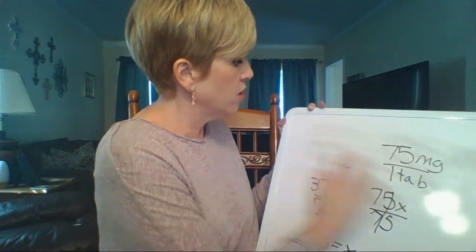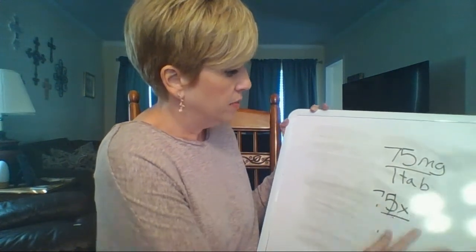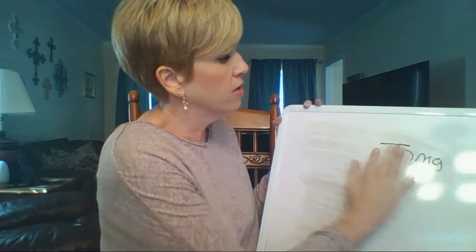All right, so let's do one that's a little bit harder. Let's go to one of those suspensions. A suspension is like a liquid medication, like when you mix it up, there's 400 milligrams per 5 milliliters. That's a really common amoxicillin or penicillin.